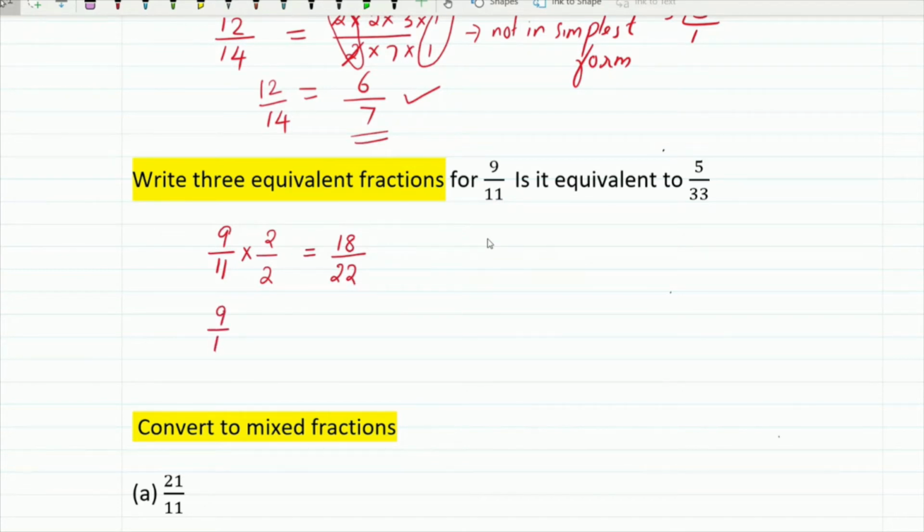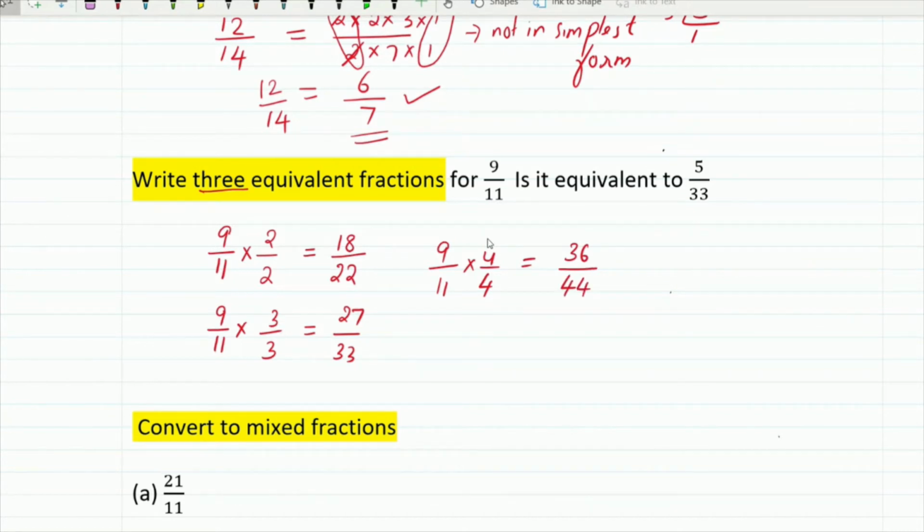Next, 9 by 11 multiplied by 3 in both numerator and denominator: 9 3s are 27, 11 3s are 33. Again one more, because we are asked for 3 equivalent fractions: 9 by 11 multiplied by 4 by 4. 9 4s are 36, divided by 11 4s are 44.